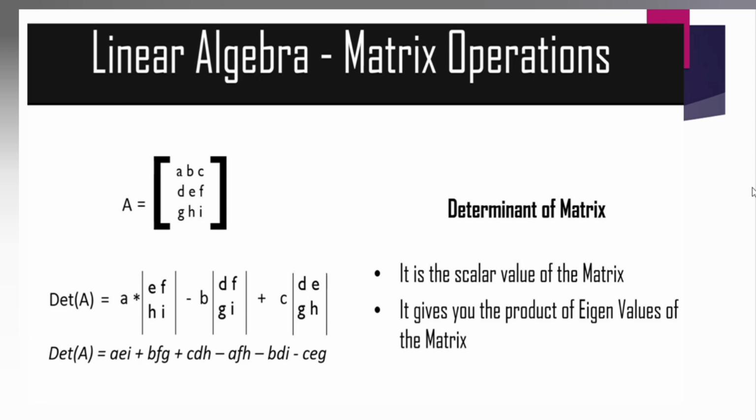In that, the determinant of a matrix means we take the first row, first number a, and cross multiply it with e into i minus f into h, then minus b, and so on, the same way with c. It gives the eigenvalues of the matrix. Eigenvalues means this equation, the product of eigenvalues of a matrix.